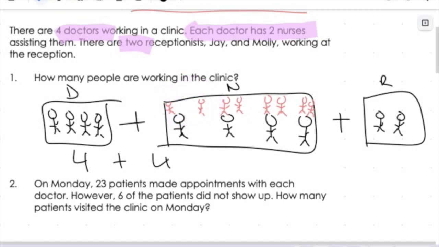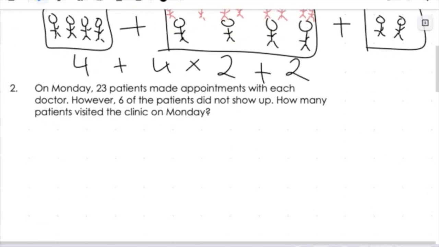And how can we write that? What mathematical operation is that? Well, it's a multiplication. So I have 4 lots of 2 nurses because I have 4 doctors, 2 nurses for each. So I have 4 lots of 2 nurses. And I'm going to add my 2 receptionists here.